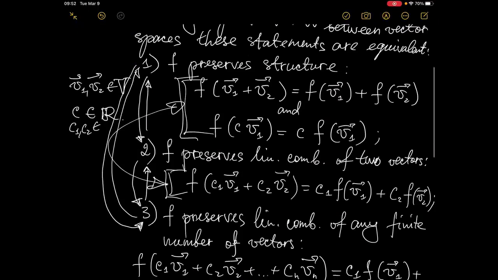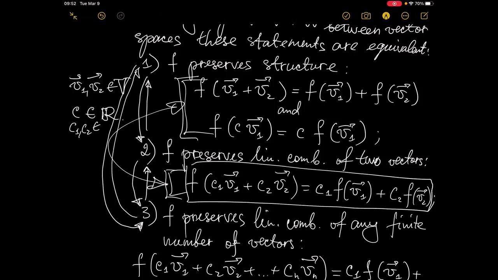Could you tell me what I need to do in order to prove that from 2 follows 1? If 2 is true, how to show that these two statements will also be true? Would you just say that c equals 1?